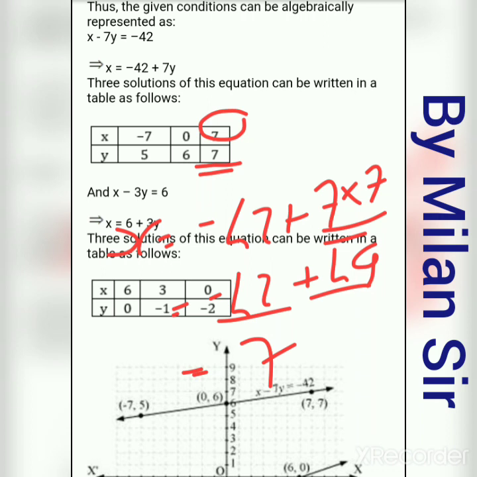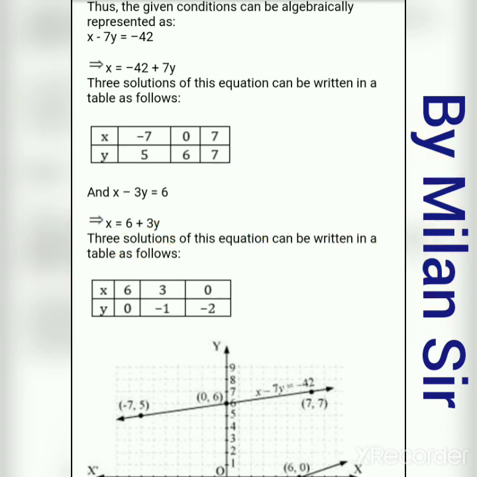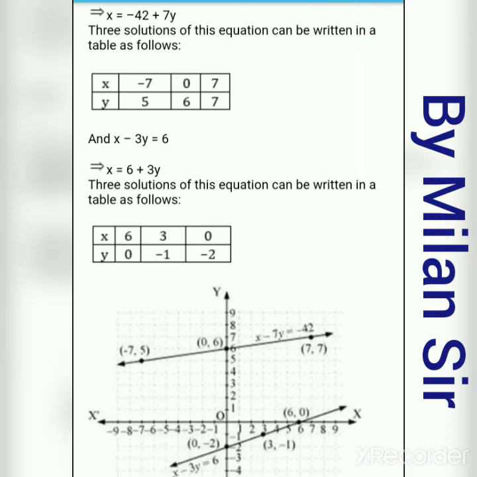Okay, now from the second equation we do the same process. The second equation is x minus 3y is equal to 6, right? So here transfer this 3y to the right hand side. So our x is equal to 6 as it is, and minus 3y comes to the right hand side and becomes plus 3y.